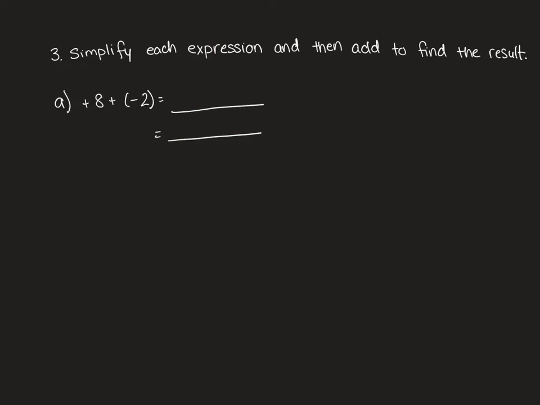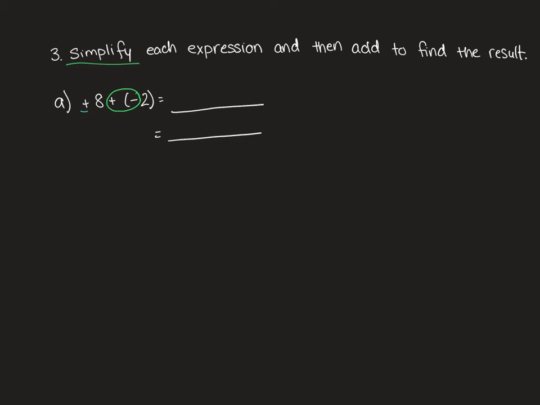Question 3 asks you to simplify each expression and then add to find the result. So there are 2 blank lines for each question. I've put a text box over each of them. The simplifying step simply means that we combine our sequences of signs to be one sign, right?